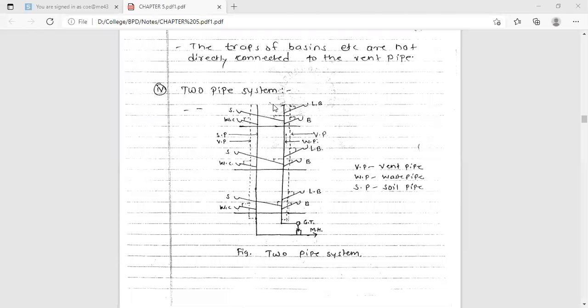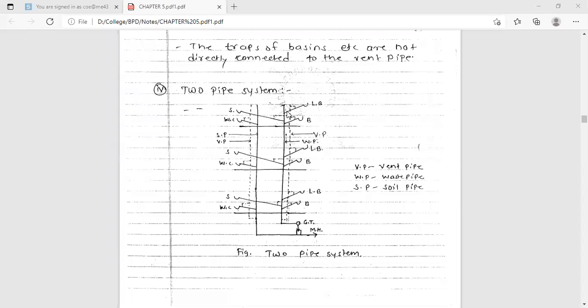two pipe system. Okay, in the two pipe system, we are providing two pipes. Okay, one is for carrying out the solid waste, and the second one is for carrying out the wastewater.